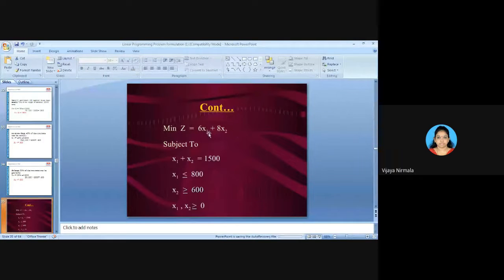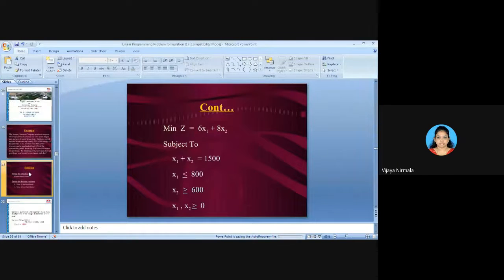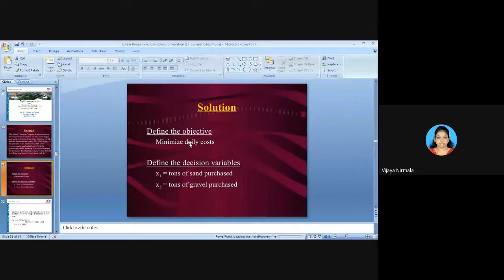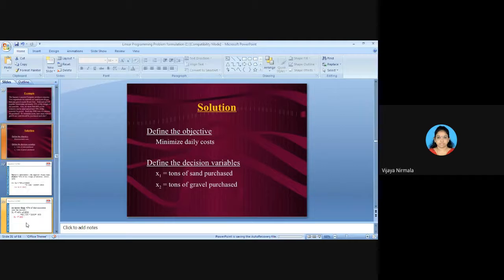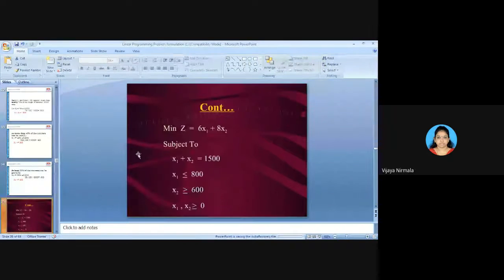What is the objective here, ma? How many have you taken? The daily, it is minimizing of daily cost. So minimize Z is equal to, well, here we have already taken two values, right? X1 and X2.